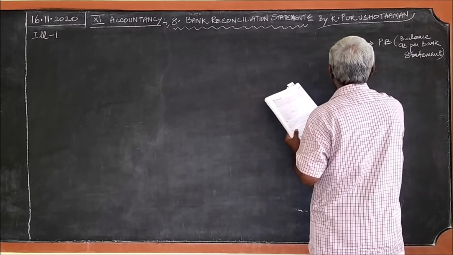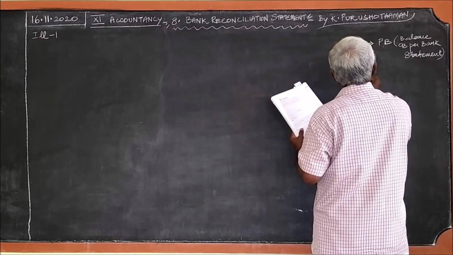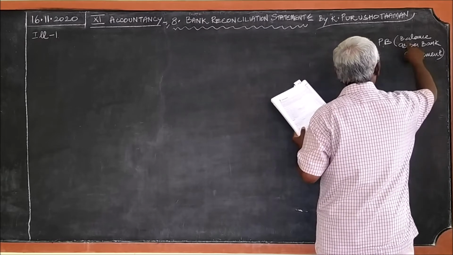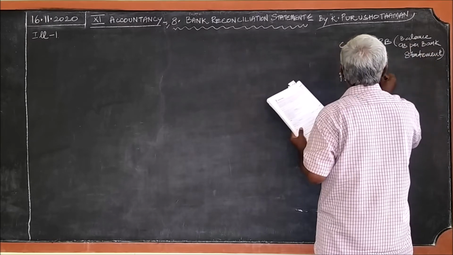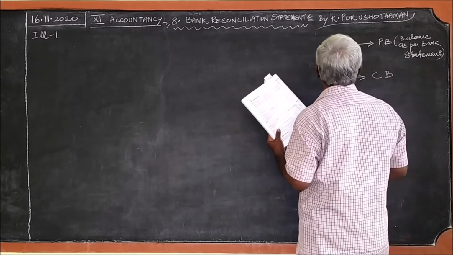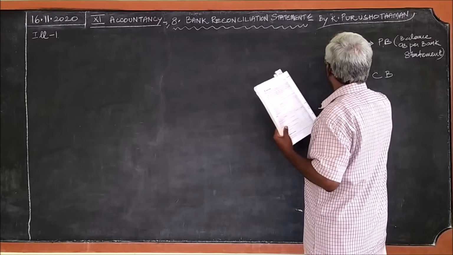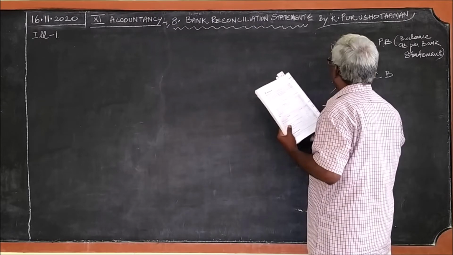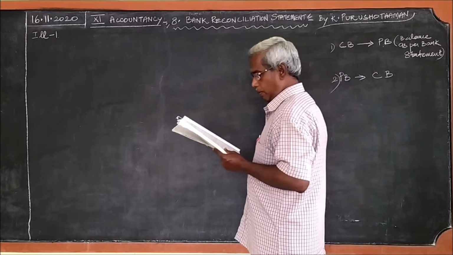If passbook balance, that is, balance as per bank statement, is given in the problem, we will have to find the cash book balance. These are the two first we are going to see, and how we are going to do, we shall see it now.